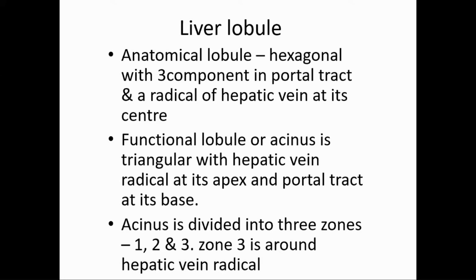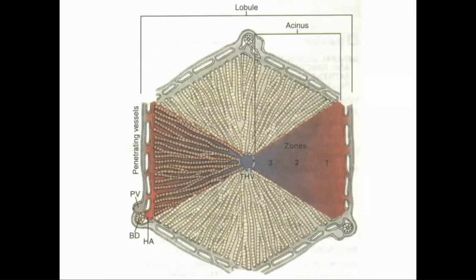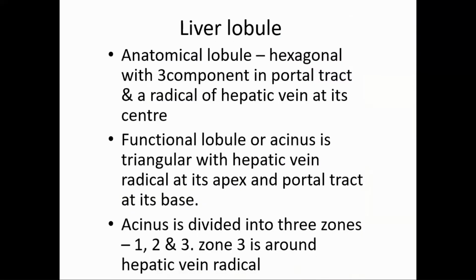It has three zones: zone 1, 2, 3. Zone 3 is around the hepatic vein radicals. So you should know these, and there is also a portal lobule. I'll tell you what is a portal lobule, what is an anatomical lobule, what is a functional lobule.